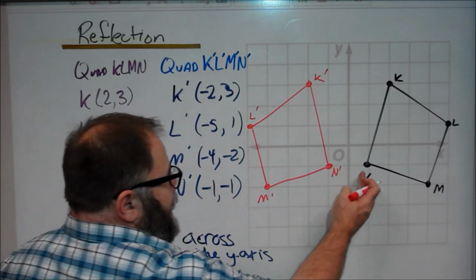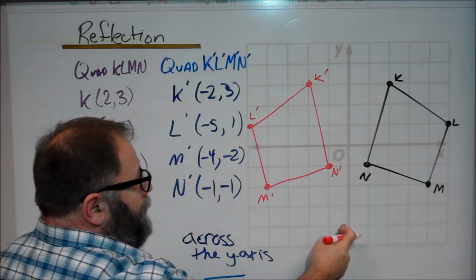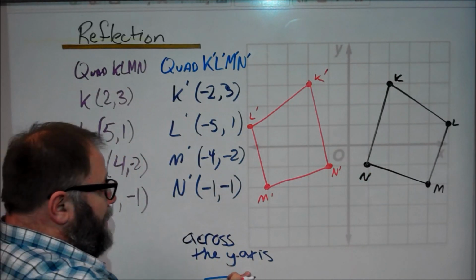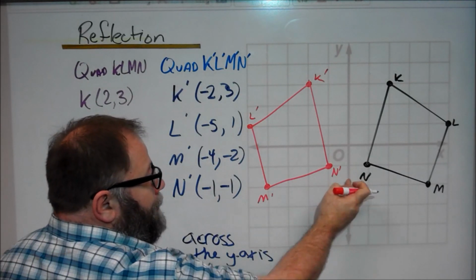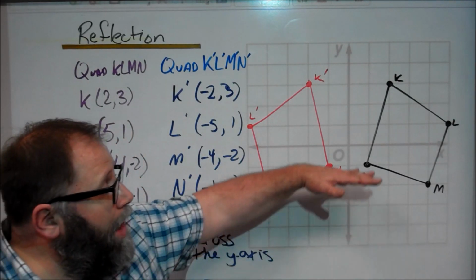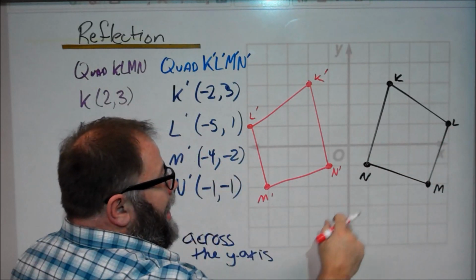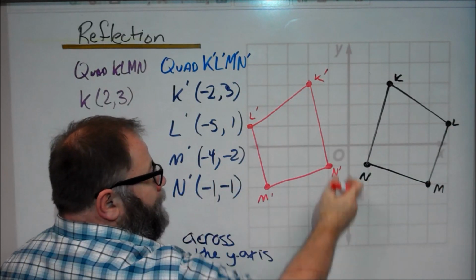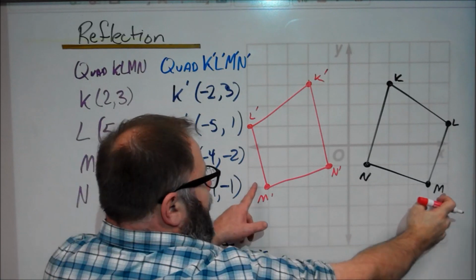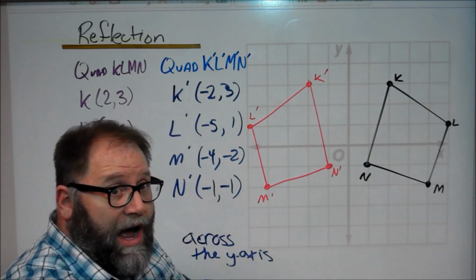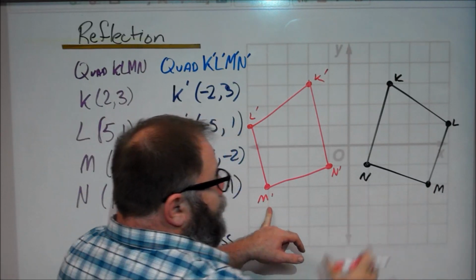So let's just check with the method that we used to do this in the last one. N is 1 away from the y-axis, which is what we're working with. And N prime is also, and they're on the same y. L and L prime, same y, 5 away from the axis. M and M prime are on the same y, 4 away.